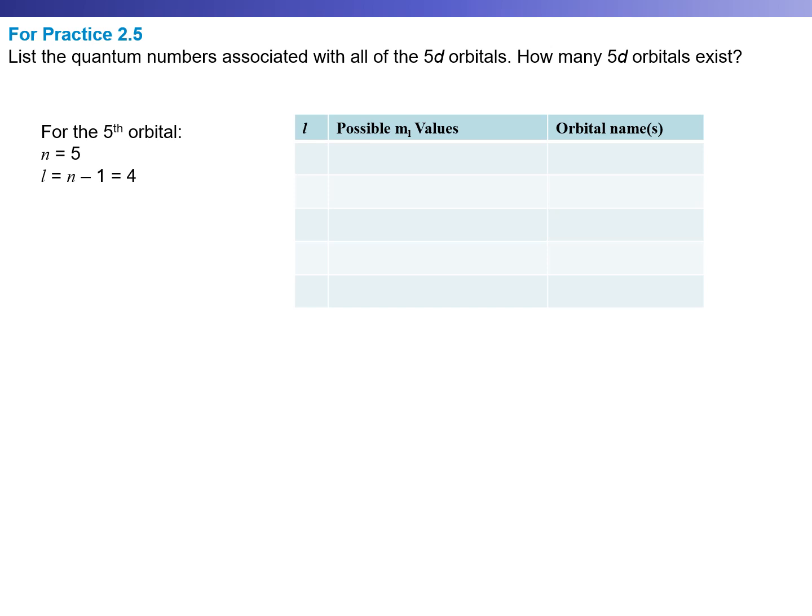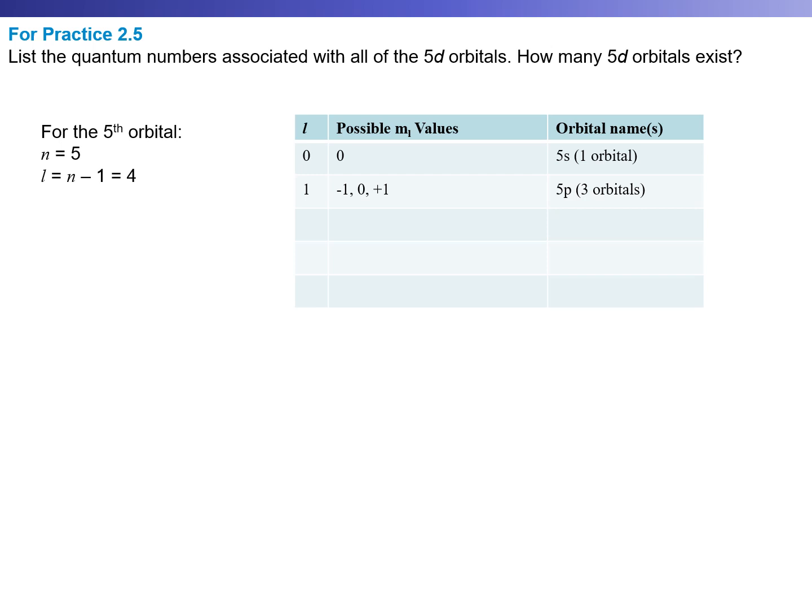You are going to have an angular momentum equal to 0, which means that your possible magnetic number is going to be 0, which means that we're talking about the S subshell with 1 orbital. Now our angular momentum could also be equal to 1, which now gives possible magnetic numbers of -1, 0, and +1. And that means that now we're looking at the 5p orbital, which will have 3 orbitals in it.